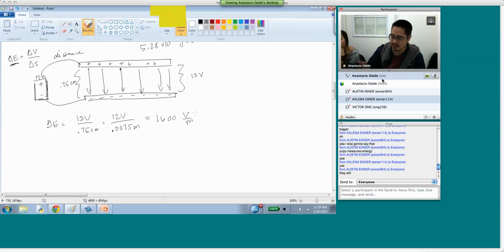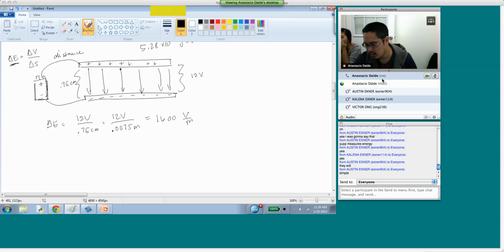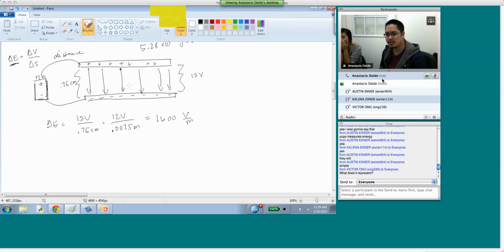That's the electric field of this thing. We cool? Yeah. Now, a way to think about it is that's like the amount of gravity that we're talking about.